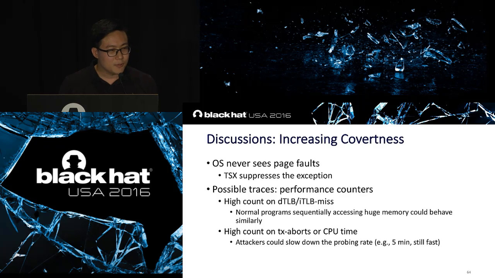There is a possible way of detecting this attack: measuring the ITLB hit and miss or DTLB hit and miss could be a trace, or the TSX abort counter in the performance counters would be a trace of this attack. But if the attacker slows down the attack speed, like probing just 1,000 pages in a second, then it is really hard to distinguish from normal execution.